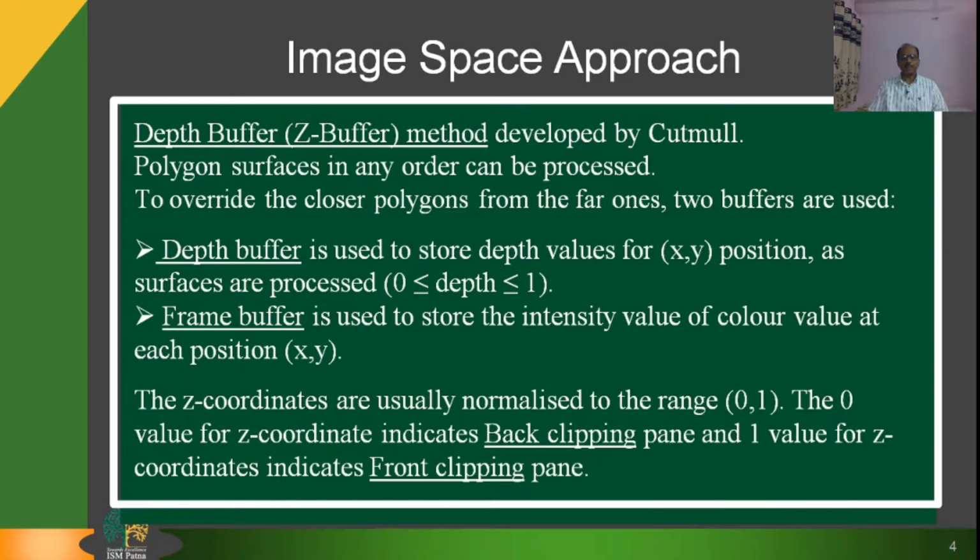To override the closer polygons from the far ones, two buffers named frame buffer and depth buffer are used.